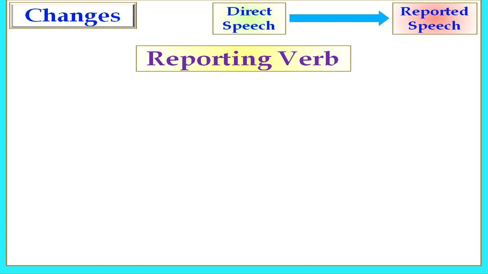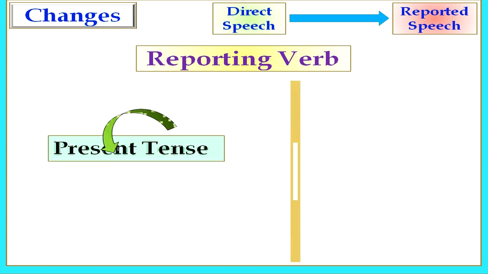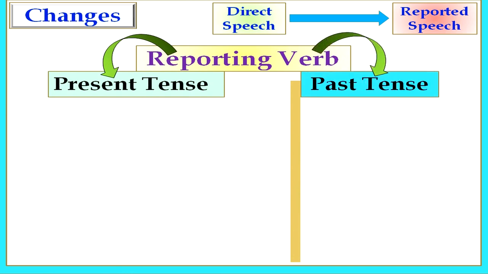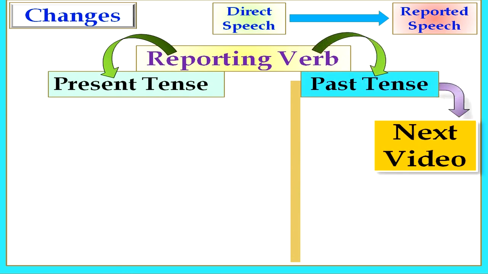Back to the changes that happen when we shift from direct into reported speech. Well, as I said in the beginning, the changes depend on the reporting verb we make use of, and exactly the tense of the reporting verb. The reporting verb can be in the present tense as it can be in the past tense. As for the past tense, this is something we're going to discuss in the next videos.